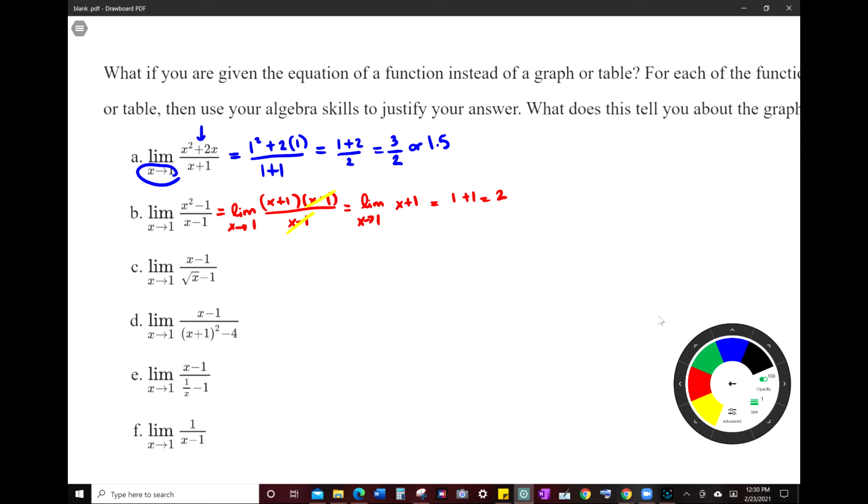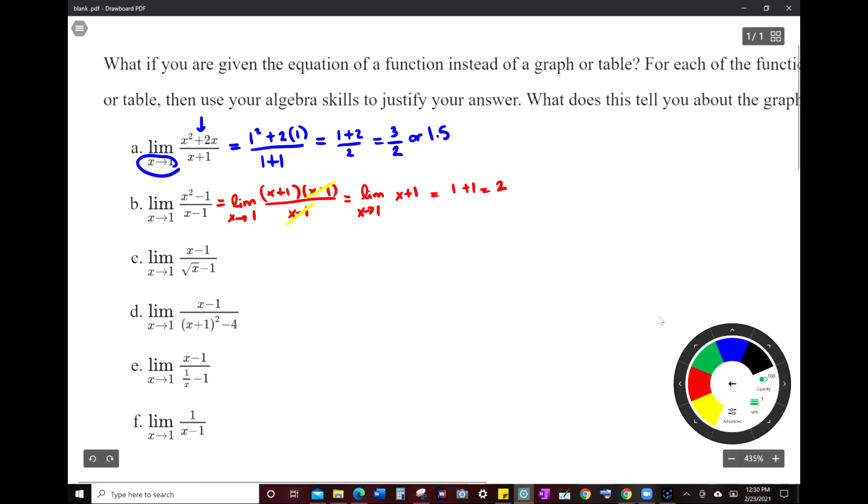And for x minus 1, usually we don't try to use difference of squares to factor it, but in this case we can think of the x as square root x squared, and then 1 as 1 squared.